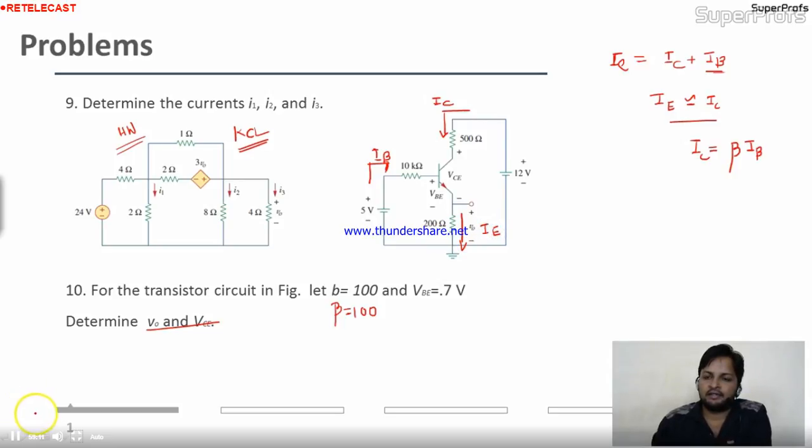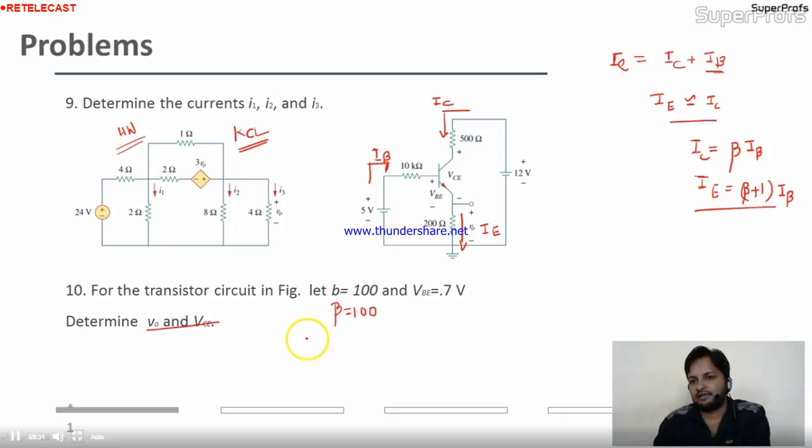Is it clear? And IE is beta plus 1 times IB. So you can see these two terms, IC and IE, are nearly equal to each other. Now we'll solve this circuit.